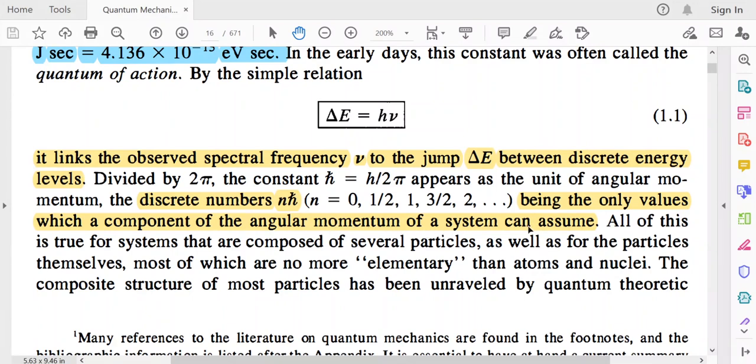So from Bohr's theory, we know that angular momentum can take some discrete values. So what are the discrete values? Angular momentum is equal to n h bar. What is h bar? H bar is equal to h by 2 pi. Thus, similar to mass, charge, spin, energy, and frequency, the angular momentum also takes some discrete values.